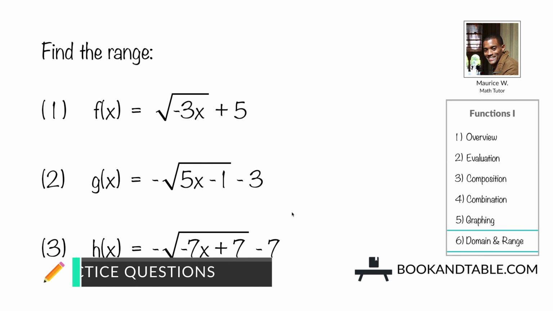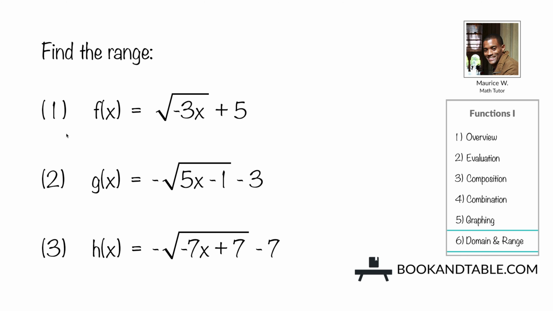So that is how you would find the range of a function that is a radical expression. Let's now have you try a few practice questions. Question number 1, find the range of f of x, which is equal to the square root of negative 3x plus 5. Question number 2, find the range of g of x, which is equal to the negative square root of 5x minus 1, minus 3.